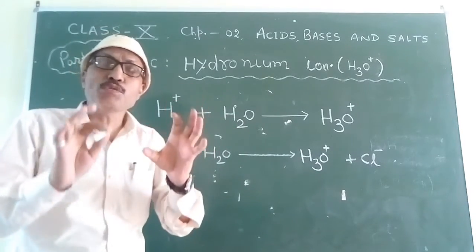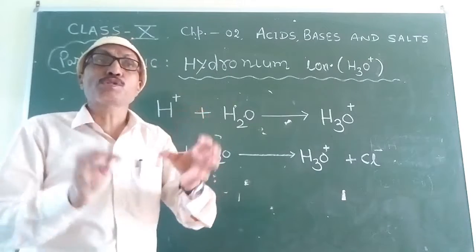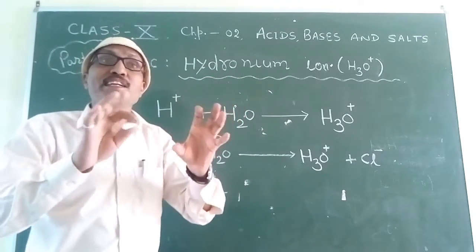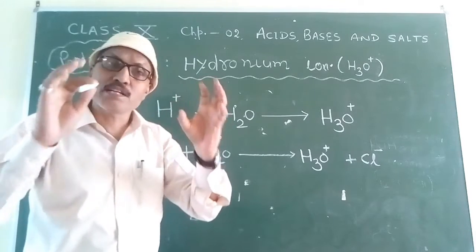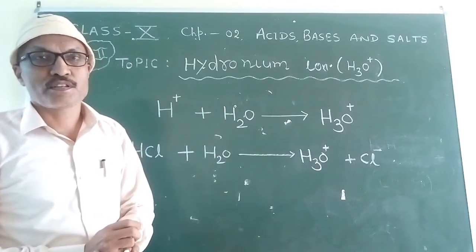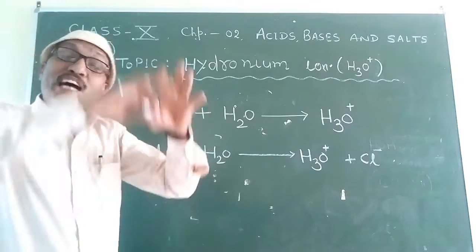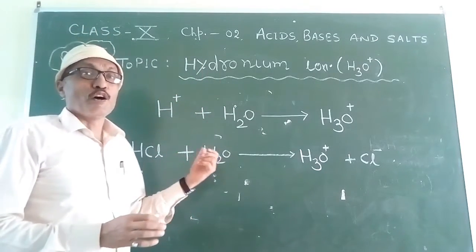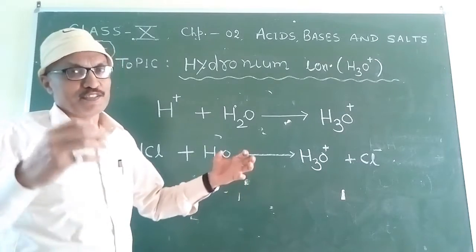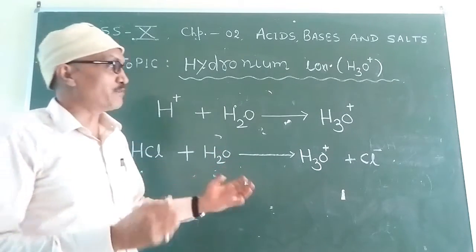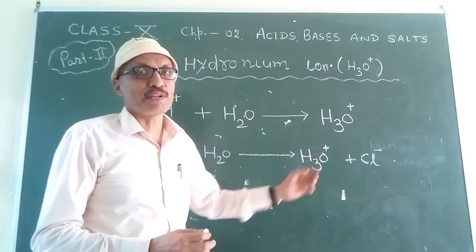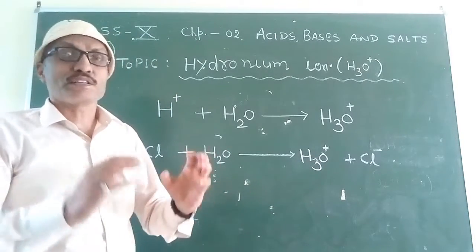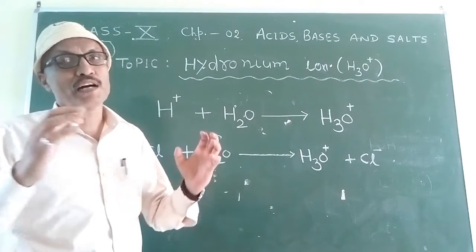So students, those water molecules which are not ionized, that is read as undissociated water molecules. And from that undissociated water molecules, H ion of an acid joins together and form H3O plus, which is known as hydronium ion.